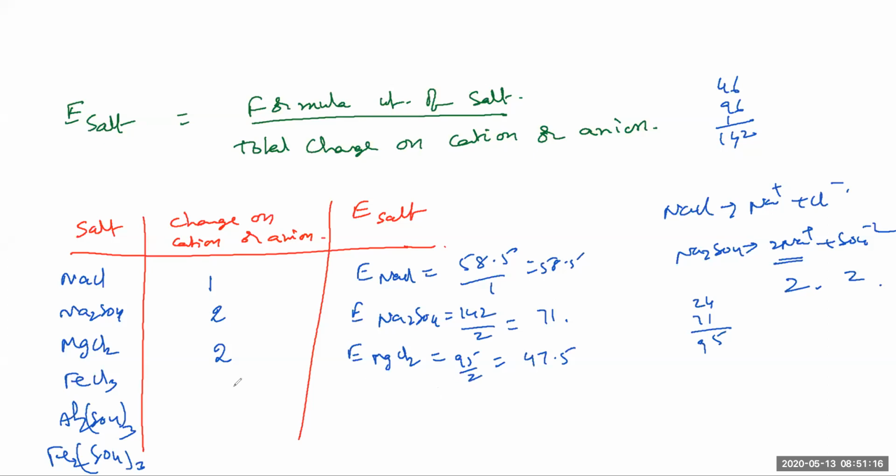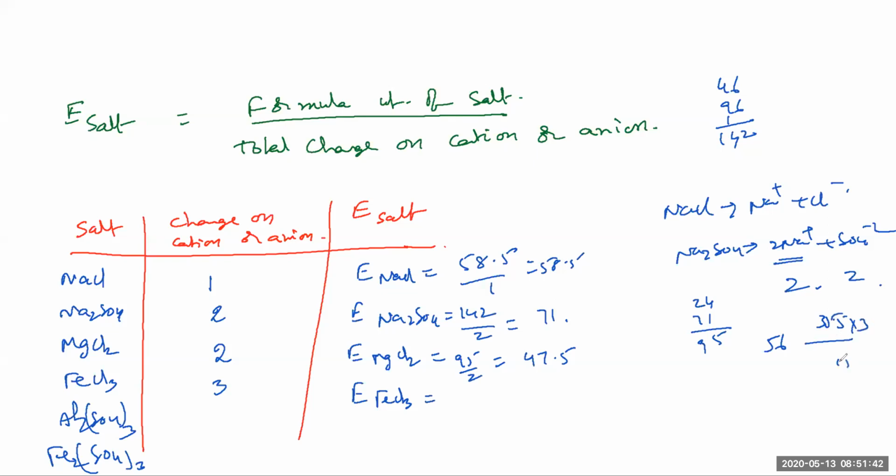Next, FeCl3. FeCl3 means Fe ferric plus 3, so 3 is the N factor. Equivalent mass of FeCl3 is equal to: come on, what is the mass? Iron 56. Here 35.5 into 3, how much?